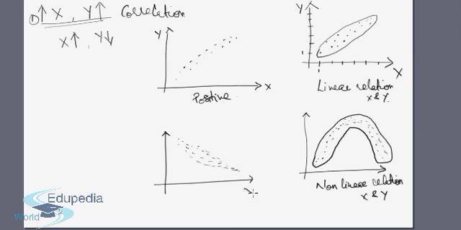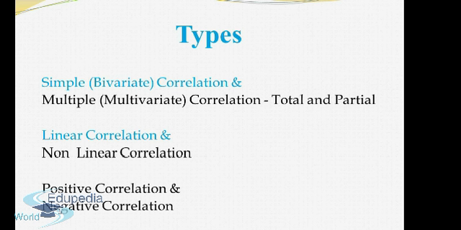Something like this. So when it moves in this direction, it's positive, and when it moves downward, backward, it's negative correlation. We shall study a simple, that is a bivariate, linear, both positive and negative correlation.